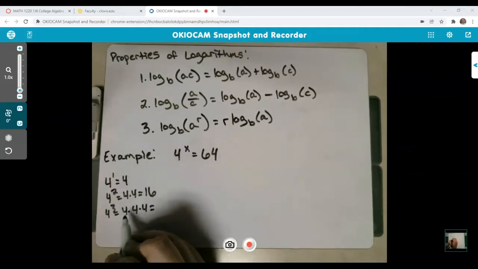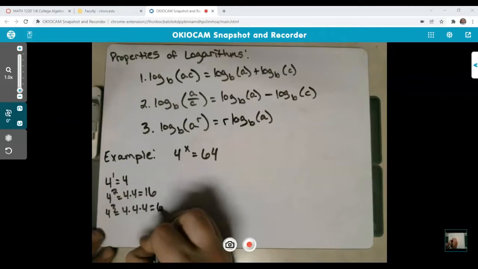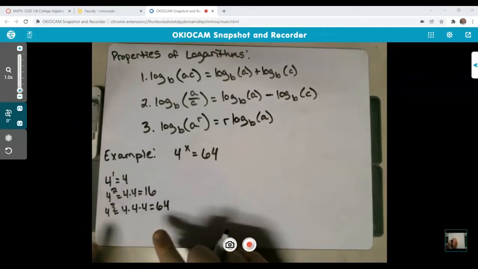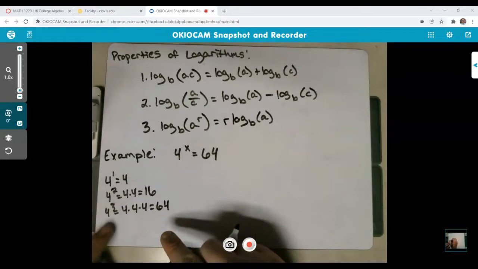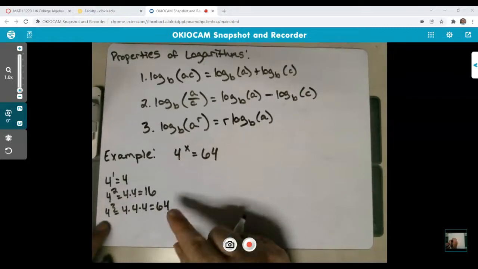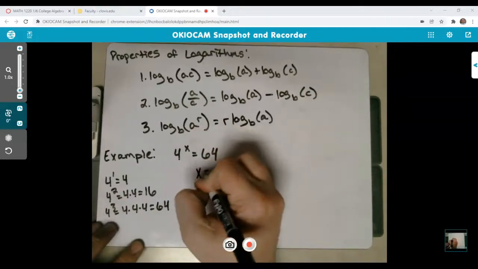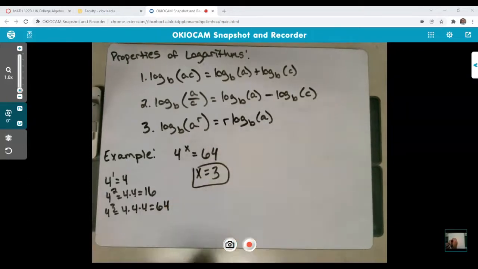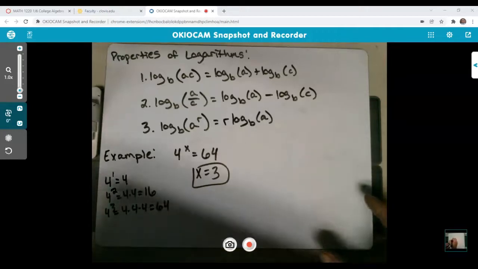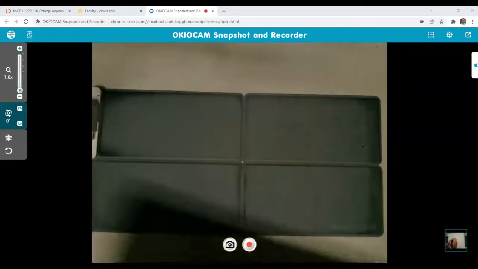Well, 4 times 4 is 16. 16 times 4 is 64. So then I know I would have to do 4 to the third, so x must be equal to 3. Again, because that's the power that I must use. That one wasn't too bad, so let's look at some more examples that may take a little bit more thought.